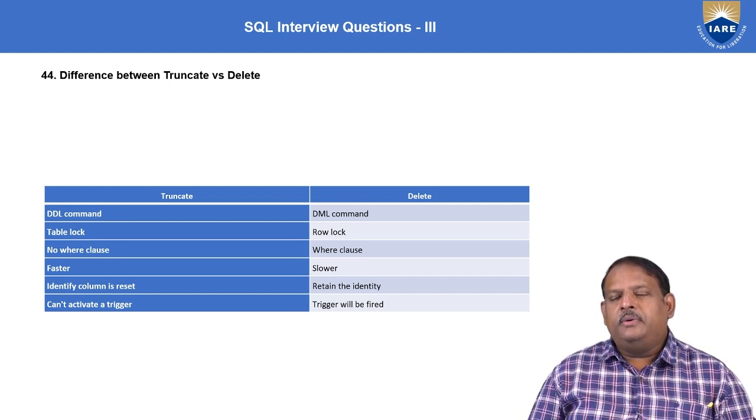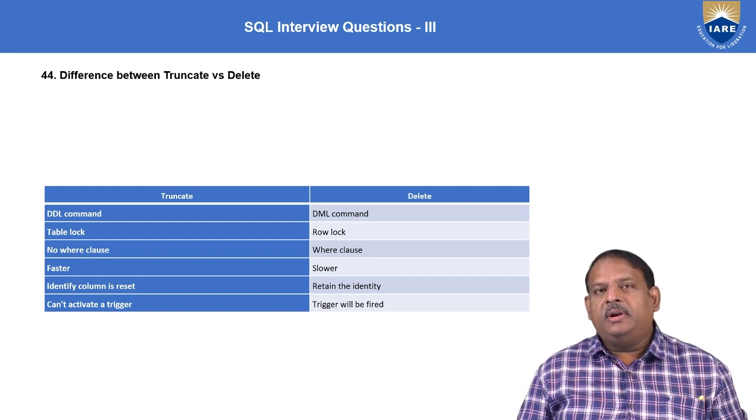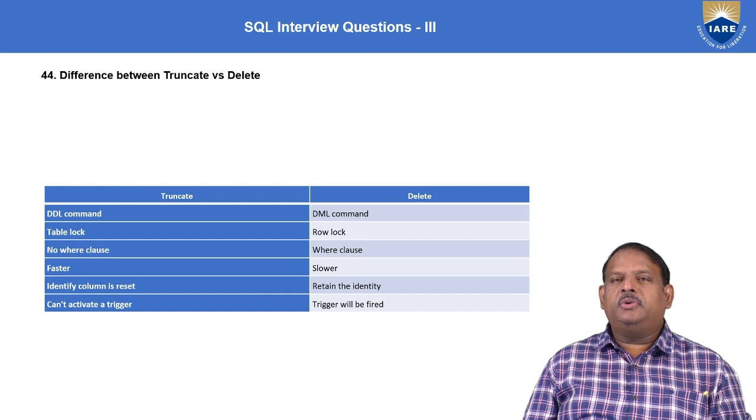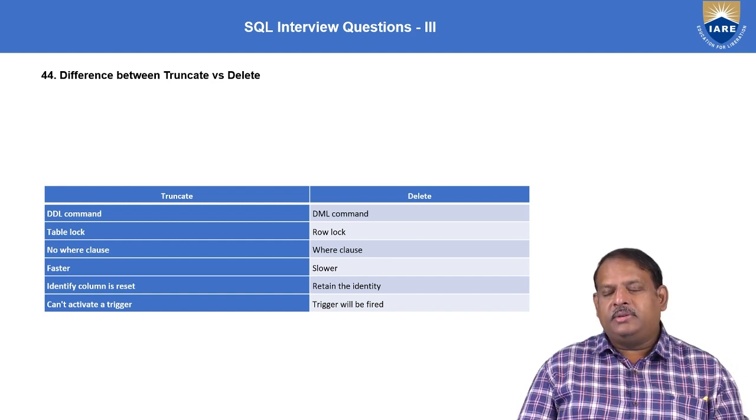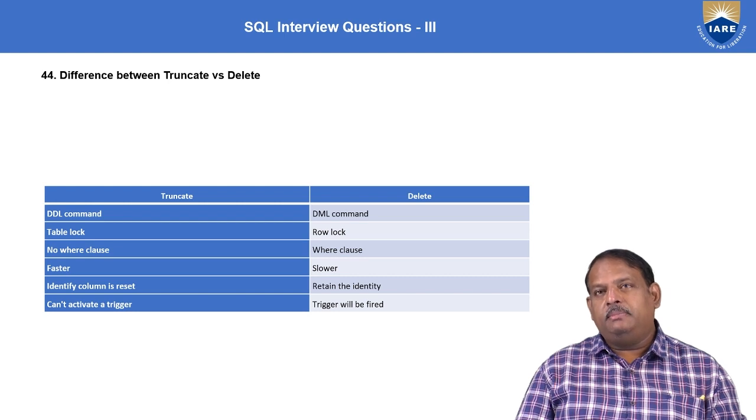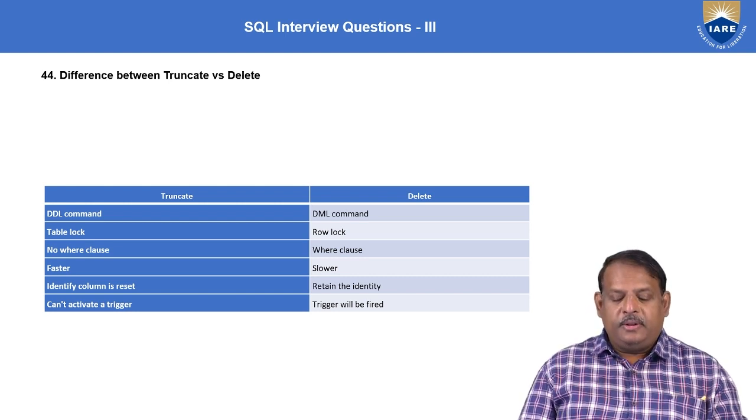Also, if you want to delete all the rows, we don't need to use a where clause. But if you use the where clause, only the set of records that meet the condition will be deleted. Further, we will see what are the other differences.